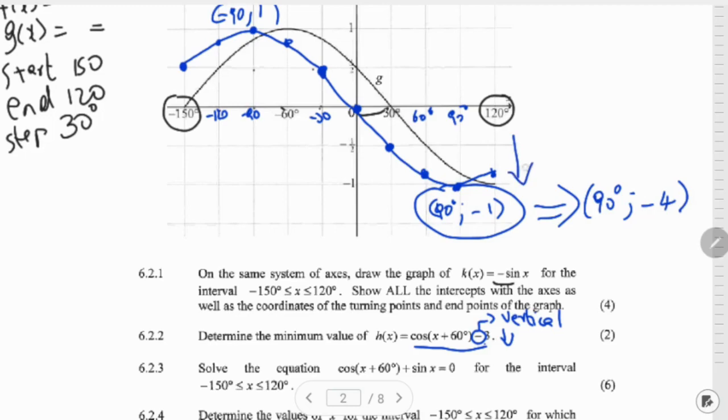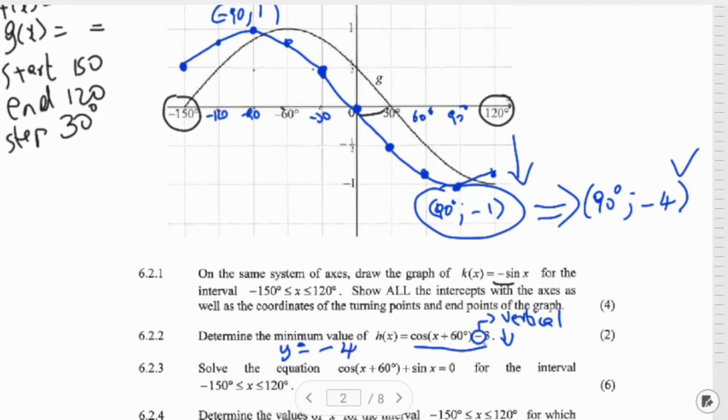So if this shifts downwards, then this minimum is going to sit at -4. Okay, that will be the new minimum value. The new minimum value will be y is equals to -4. All right.